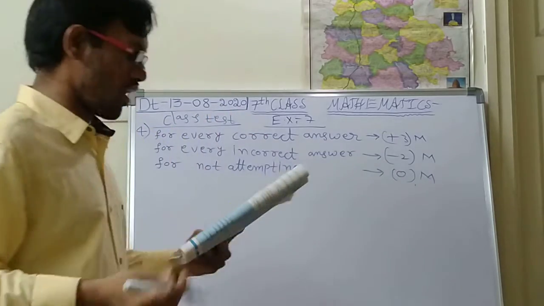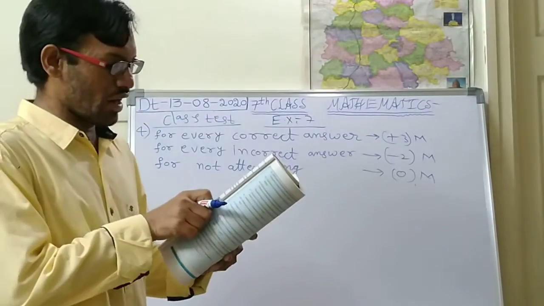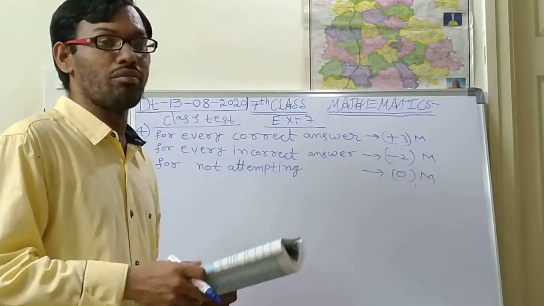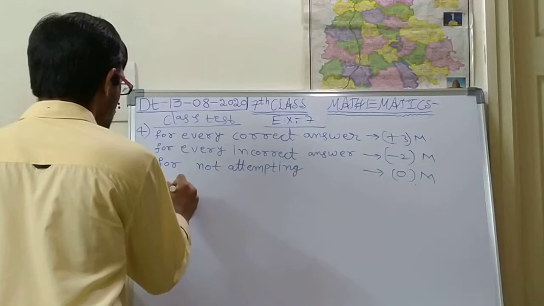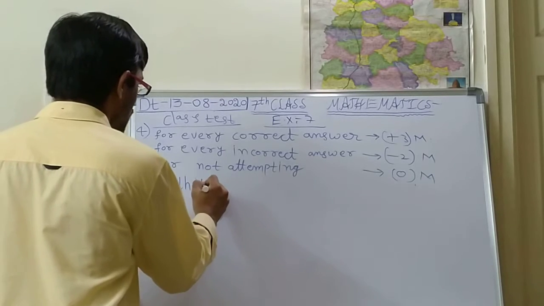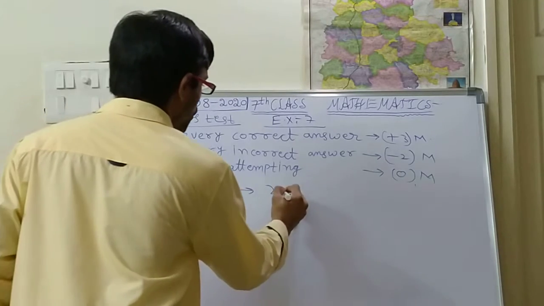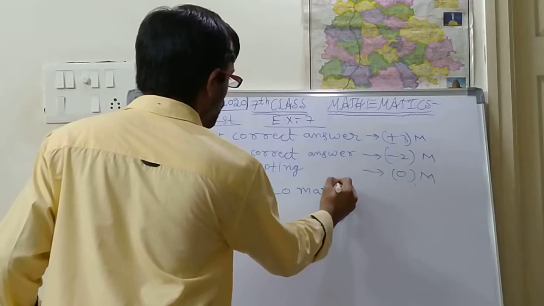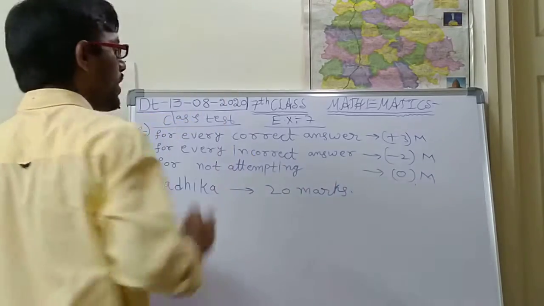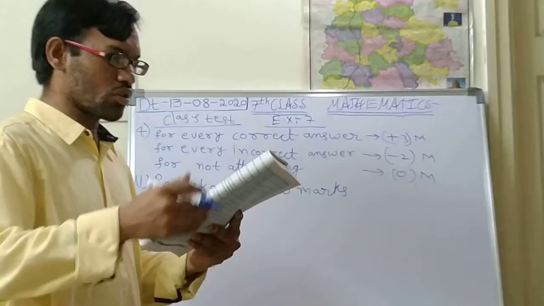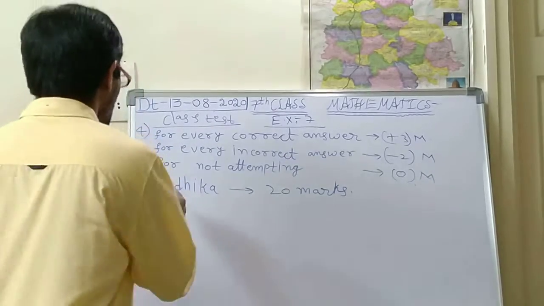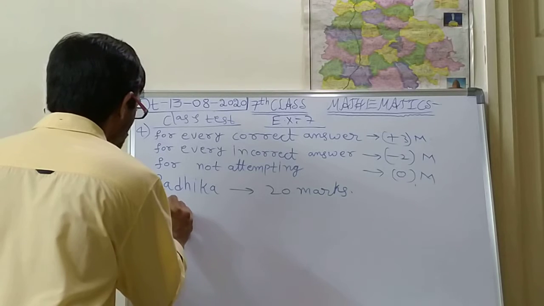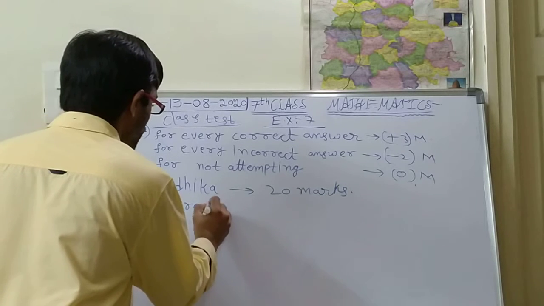So what are the questions? Radhika scored 20 marks in the class test. How did she score? She got 12 correct answers.